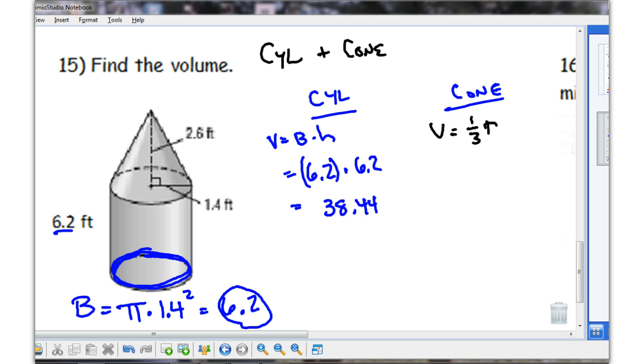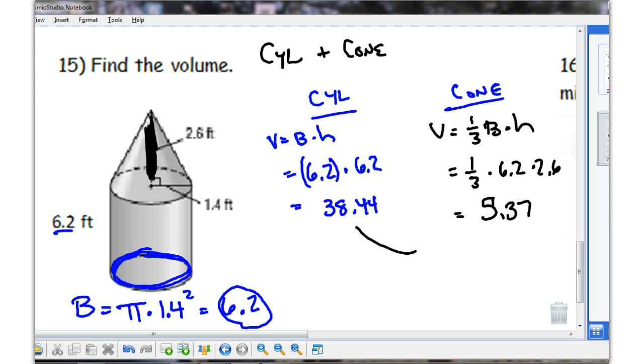And the cone's going to be 1/3 area of the base times height, or 1/3 pi r squared times h. So 1/3 times that area of the base, which is 6.2, times the height, and this time the height of our cone is this guy right here, so 2.6. When we do that, I got 5.37, if I did that right.